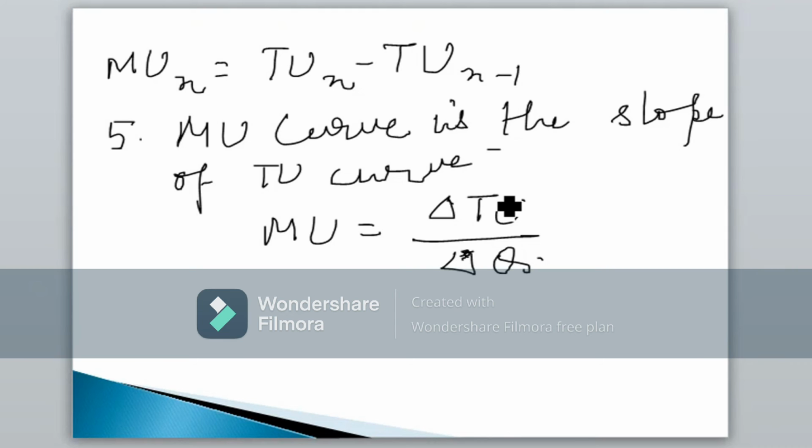So it is showing the slope of the total utility curve. So these are 5 relationships we can draw from the diagram and the table between total utility and marginal utility.